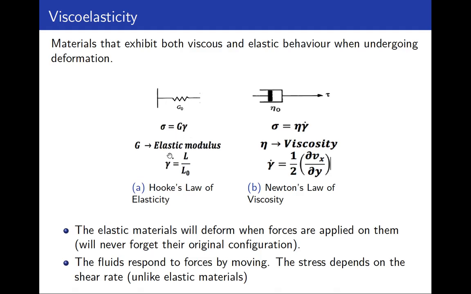So elastic modulus is the physical property that measures the material's, the spring's, resistance to being deformed, or to being stretched in this case. Another interesting property of springs is that they always remember their initial configuration.